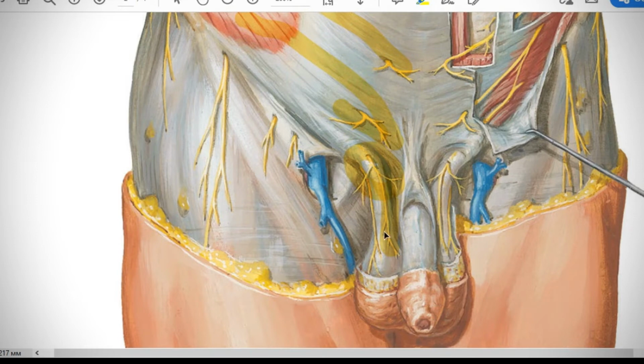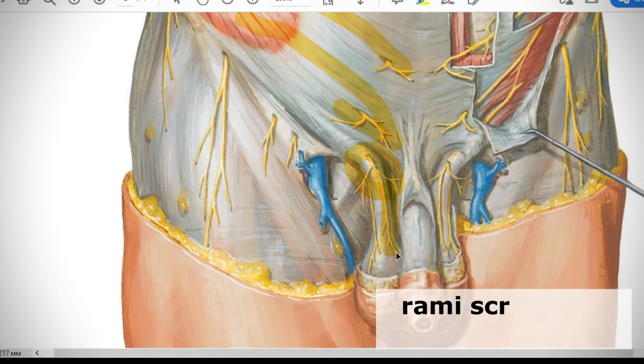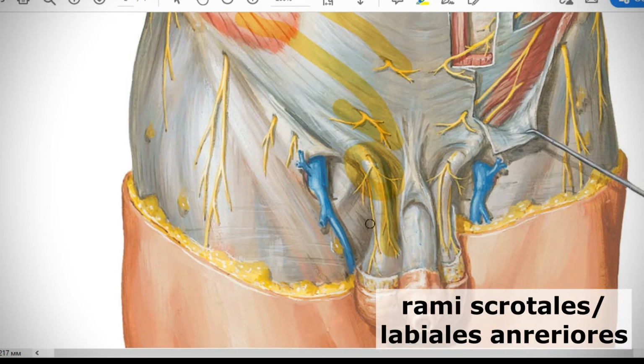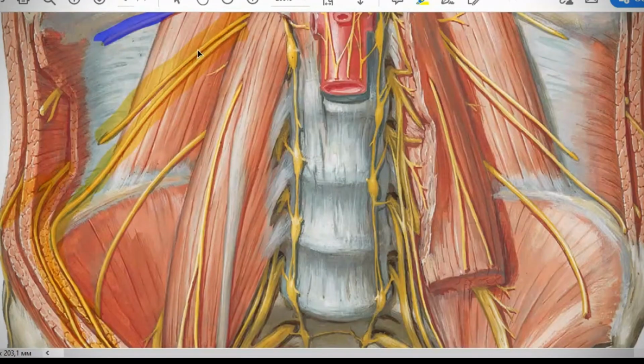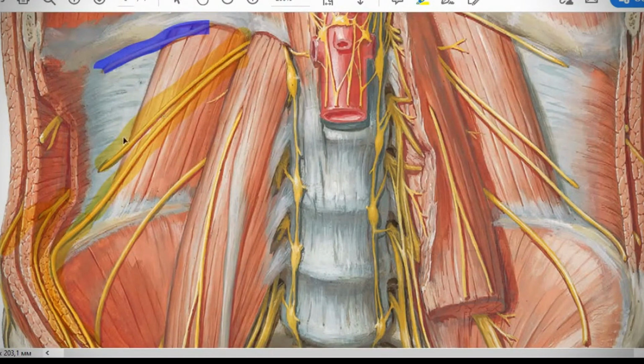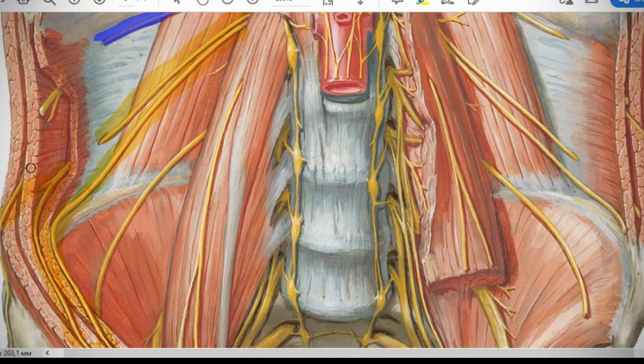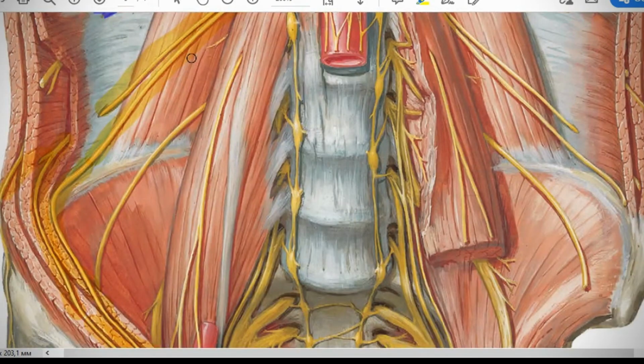It terminates with these branches: in males they are rami scrotales anteriores, in females rami labiales anteriores. Motor branches supply the same muscles as nervus iliohypogastricus: transversus abdominis, obliquus internus and externus, and quadratus lumborum.